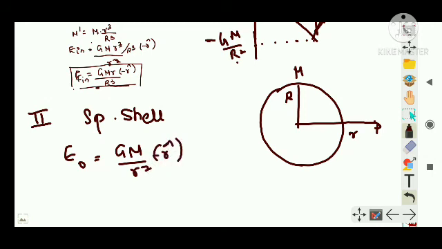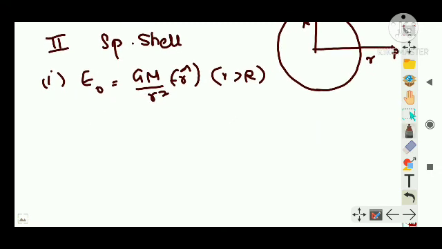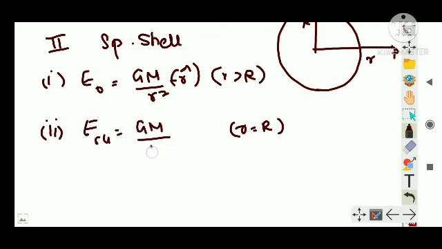This is the condition when r is greater than capital R, just like the solid sphere. Now, what happens at the surface? That is when r is equal to capital R. That is also just like the solid sphere, so I can write E surface is equal to GM by capital R squared, minus R cap.